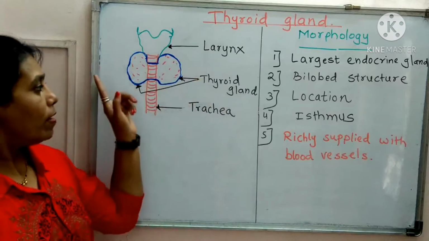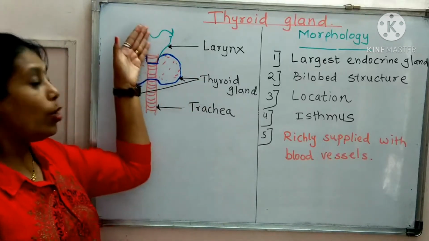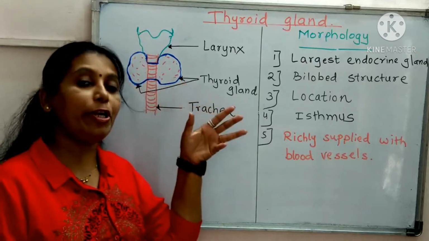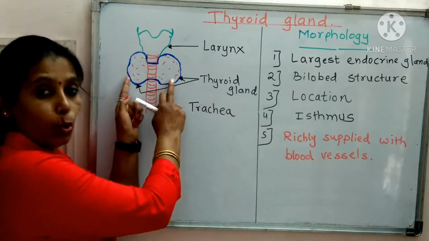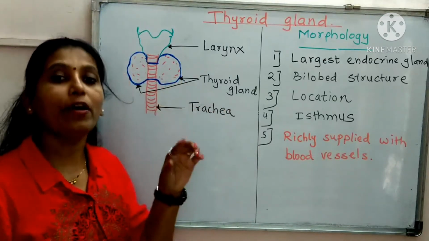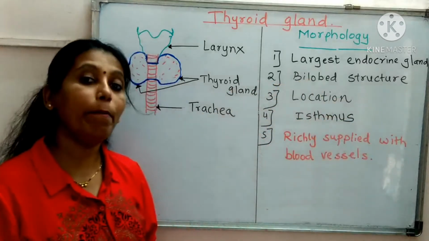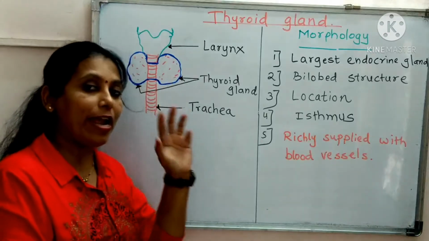This is our larynx. It is present just below the larynx and in front of the trachea. These two lobes are of the thyroid gland. It is a bilobed structure, which means it consists of two lobes, left and right.